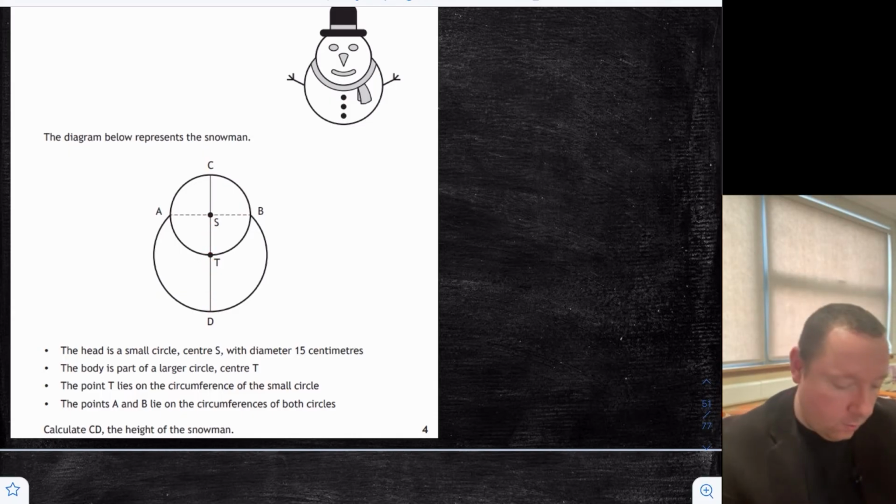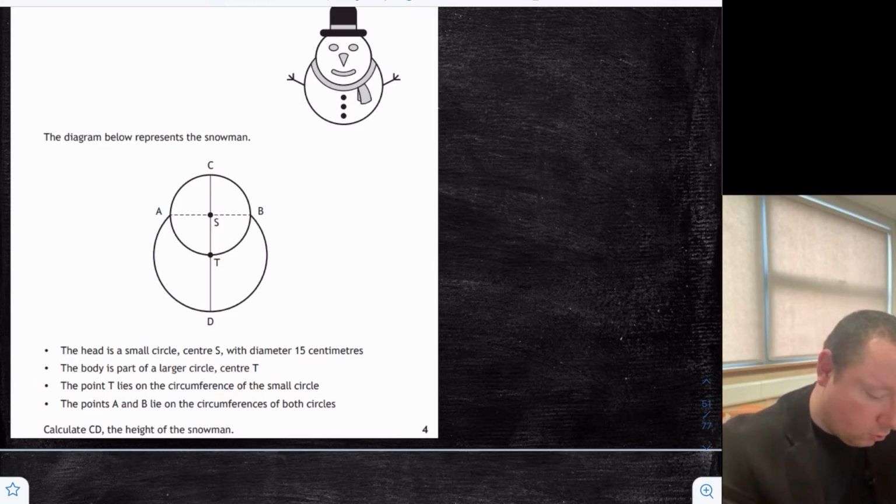Now we can calculate it anywhere. So if I go inside this bit from here to the outside, that's a radius of the big circle too. I'll draw that in. And we already know some facts. We know that'll make a right angle. But we know that the diameter of the small circle is 15, so that is 7.5, but so is this.